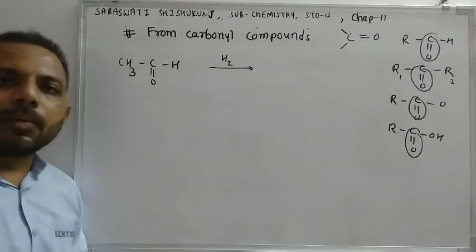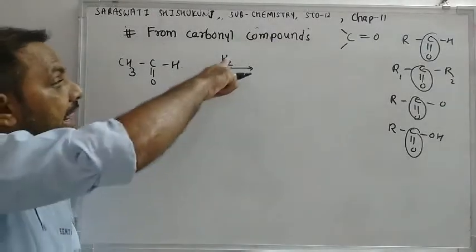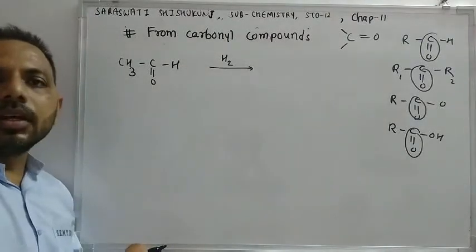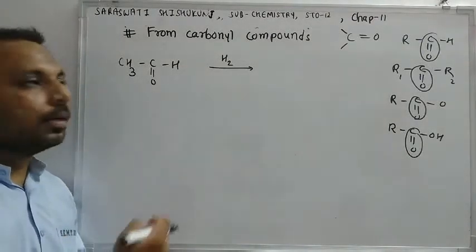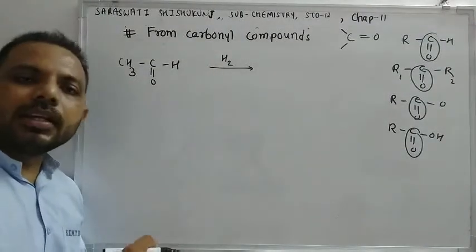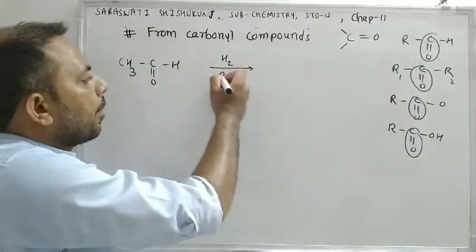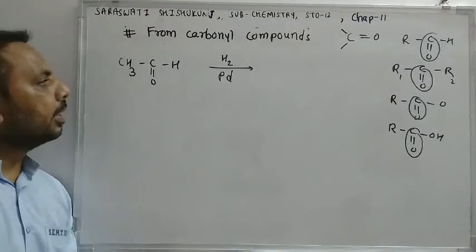In 11th standard you must have studied that whenever there is addition of hydrogen, or reduction by hydrogen, the catalyst can be nickel, platinum or palladium. We are writing palladium. So for the addition of hydrogen, the catalyst is palladium.